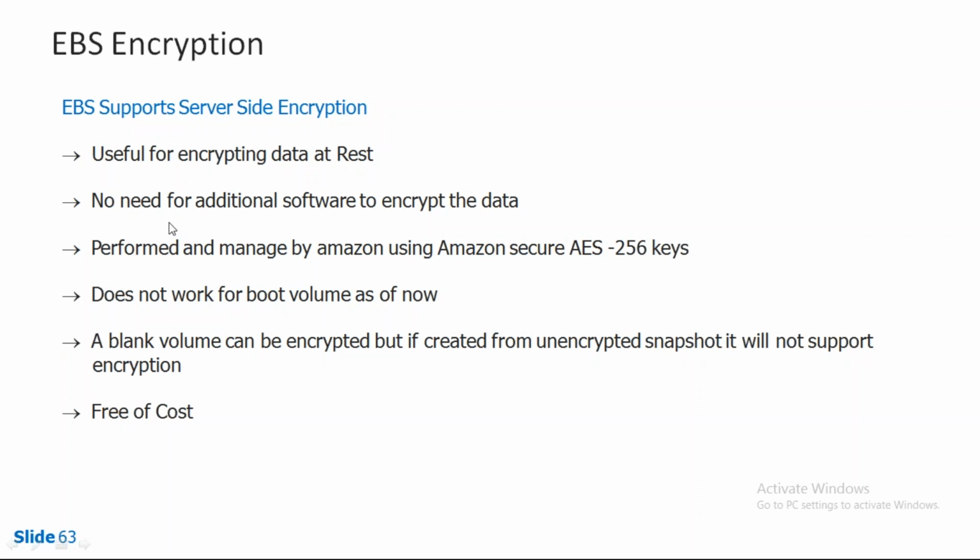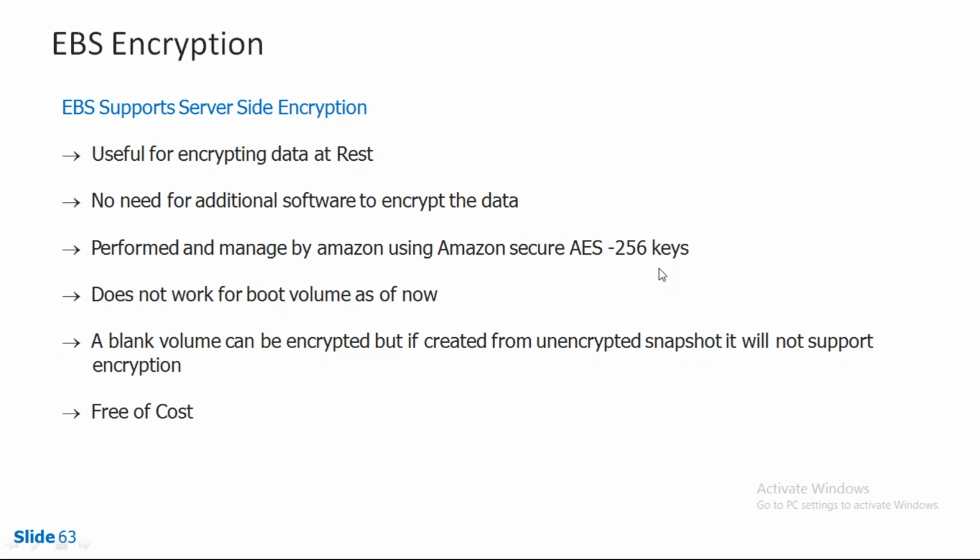There is no need for additional software to encrypt data; it is performed and managed by Amazon using the Advanced Encryption Standard, AES-256. Guys, remember, wherever you find AES-256, understand it is about encryption. Using these AES-256 keys, we encrypt the data.